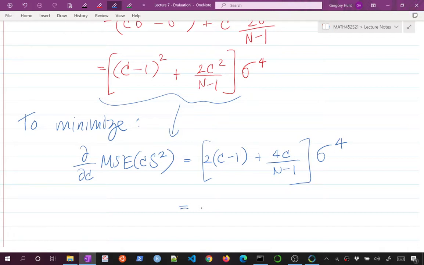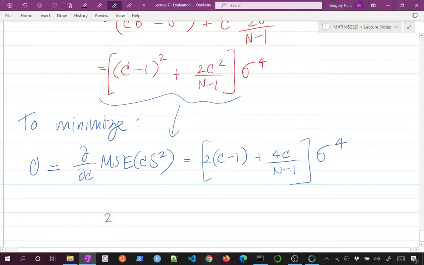So we can simplify. Well, in fact, we don't even need to simplify that much. Ultimately, we're going to be setting this thing equal to 0, so we don't need to waste our time simplifying too much. The sigma to the 4th certainly goes away.